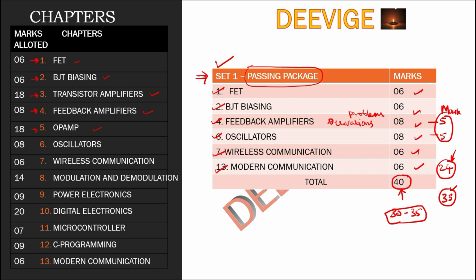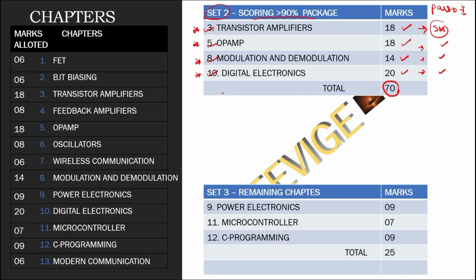That is why I said with set 1 and set 2, you can definitely aim for 67 to 70 marks, provided you are aware of the 1 markers of set 3. Because one question will be asked from each, so if you are aware of at least the 1 markers in this, you can definitely score 70 marks. Set 3 is for those who are aiming for out of out, that is 70 on 70.